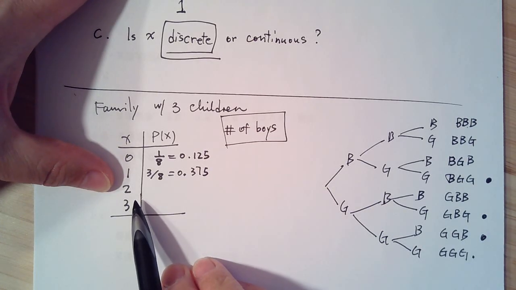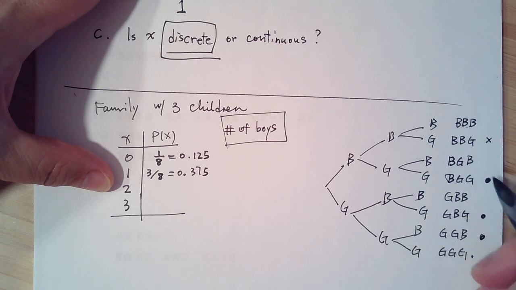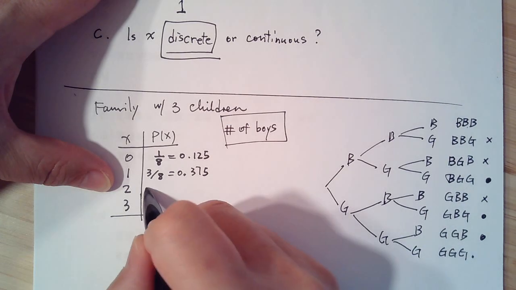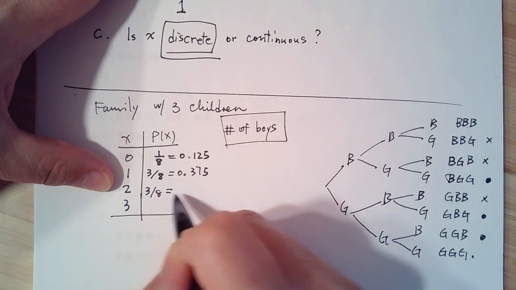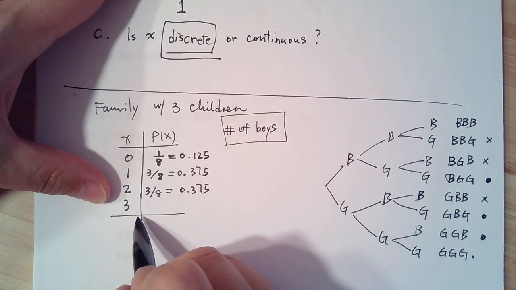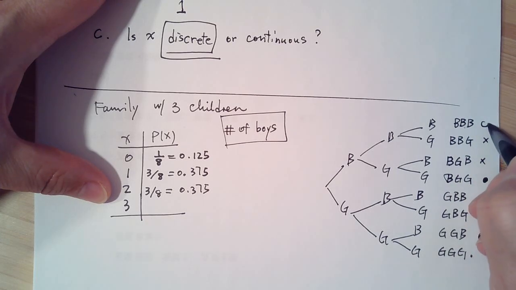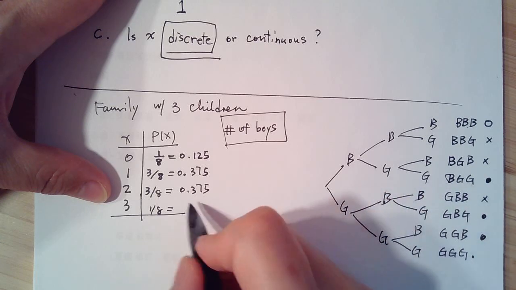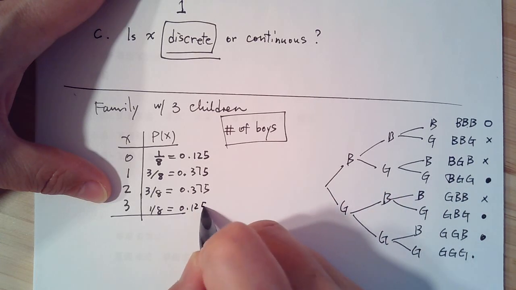That's this one, this one, this one. That's 3/8 again, 0.375. And the probability that they have 3 boys? This is the only situation, so that's 1/8, or 0.125.